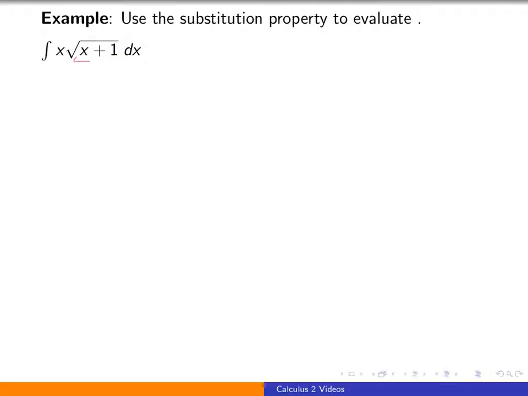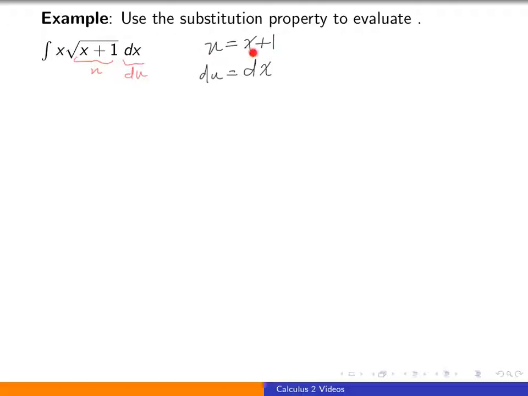So just like the previous example, we're going to go ahead and let u be equal to x plus 1 so that du is still dx. So the dx can become du, and what we need to do is go from all x to all u. But we have this pesky leftover x. And whenever that happens, when you have an additional x, we need to write it in terms of u's.